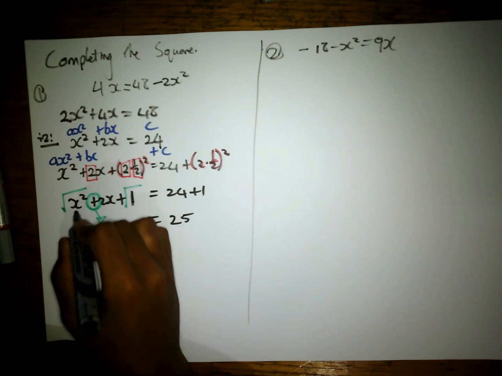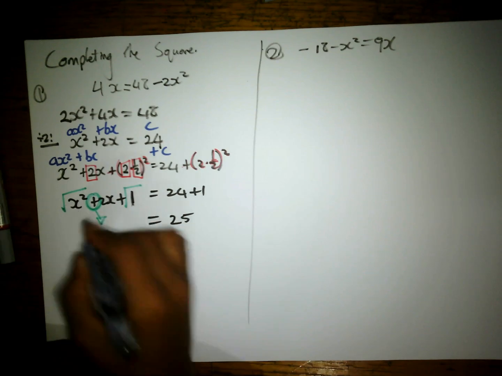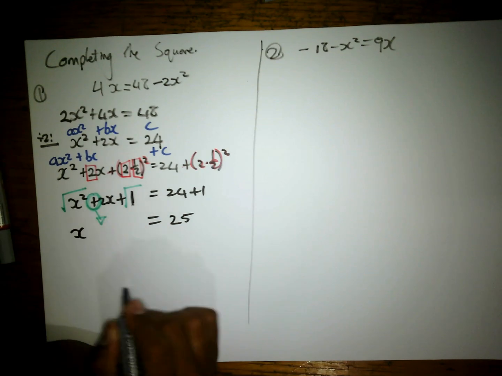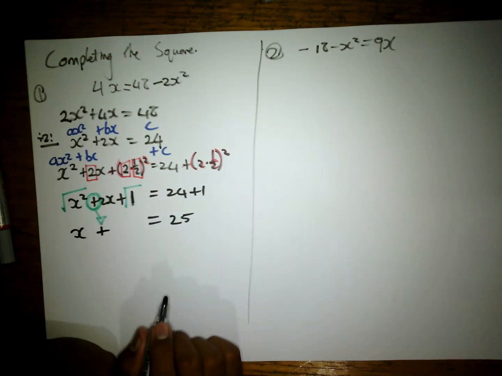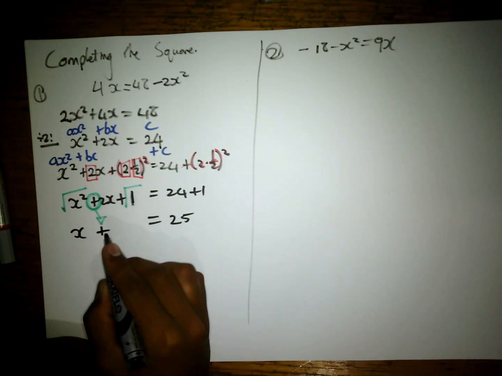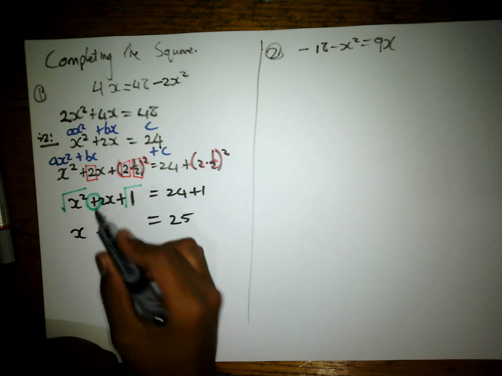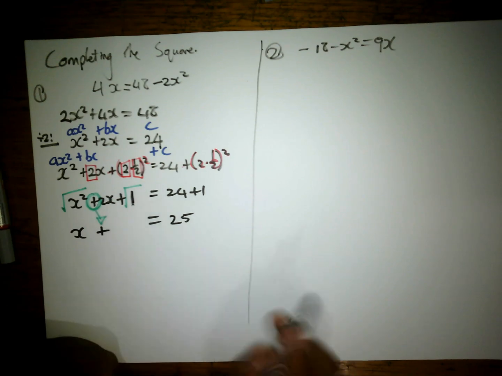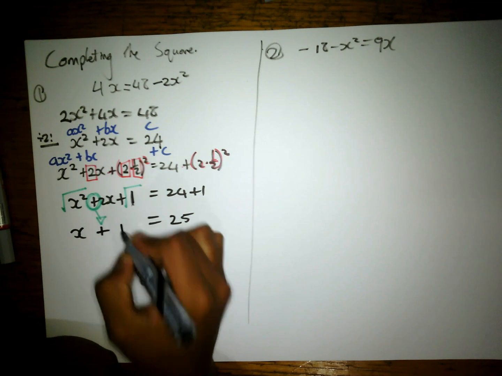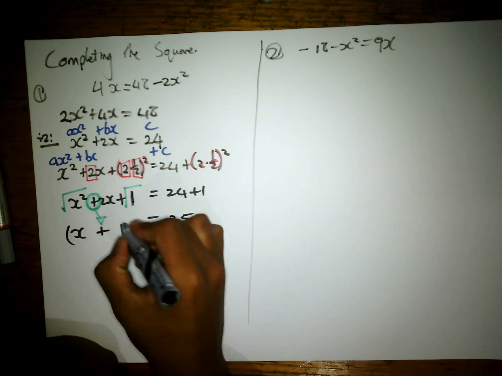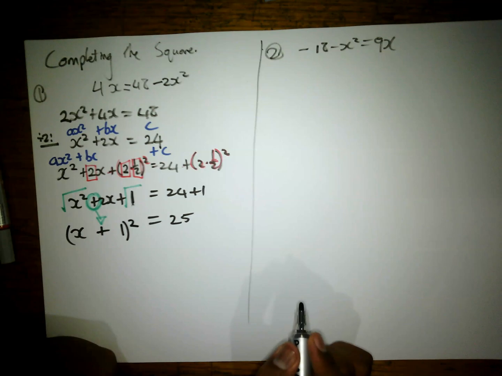So the square root of x squared is x. You bring the sign down. If it's negative, you put a negative there. If it's positive, you put a positive there. Always. That one you bring down, it's a 1. Then you square that.